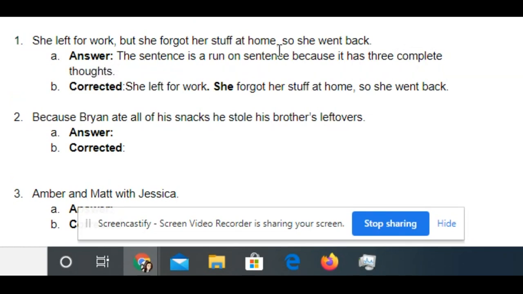The sentence is a run-on sentence because it has 3 complete thoughts. A complete sentence cannot express more than 2. 2 what, Miss Welch? 2 complete thoughts.